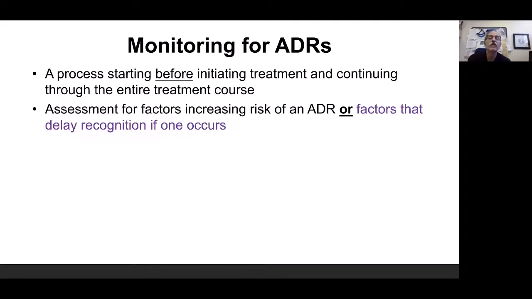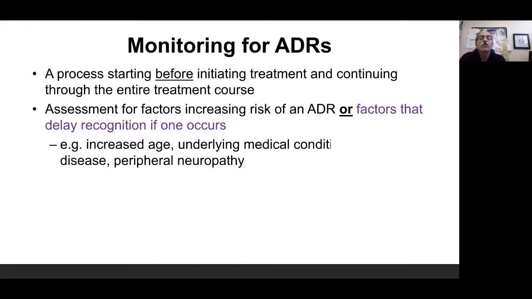But I think just as important, and sometimes overlooked, is that part of that monitoring assessment also includes patient factors that may delay the recognition of an adverse event if one occurs. I'll give you some examples in a second. So, things that we know might increase your risk of an adverse drug reaction. One of those is age.